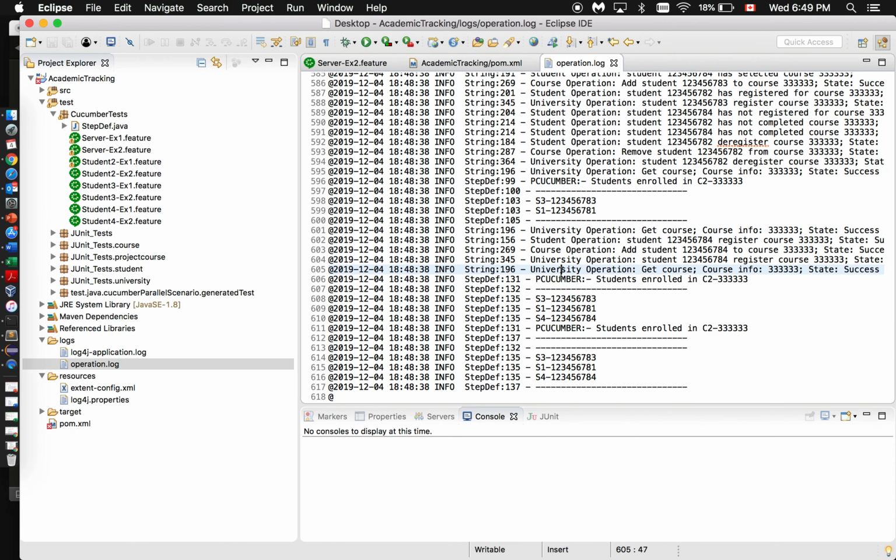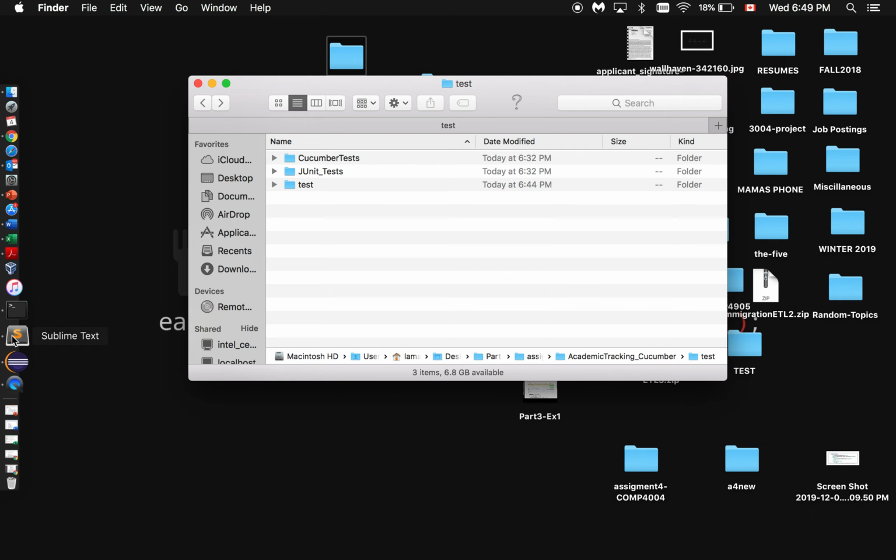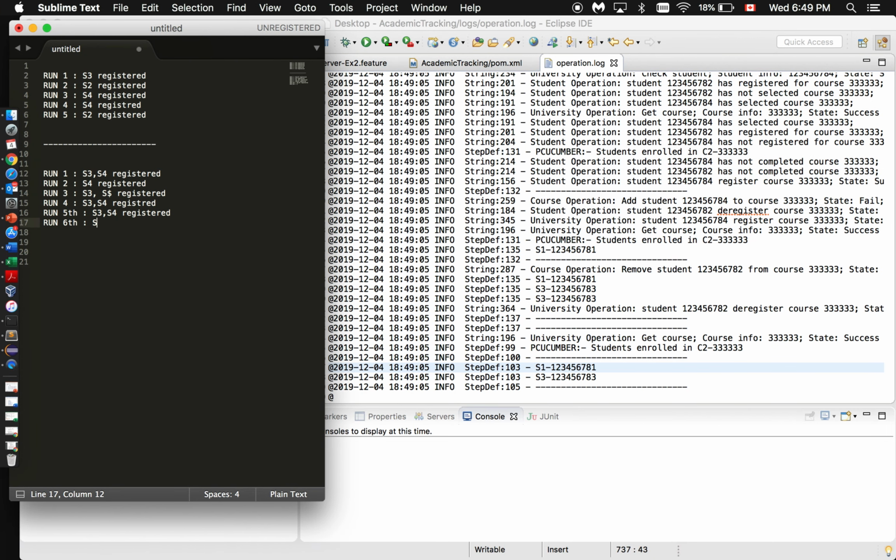If you look into the logs of the queue, you see that only S3 was able and S4 did not, which means that S2 did not deregister until after S4 attempted to register. So that means that S4 was not able to register. By looking at these different outcomes, we did cover all the different combinations of sequences. And yeah, this is it for part 3 example number 2.